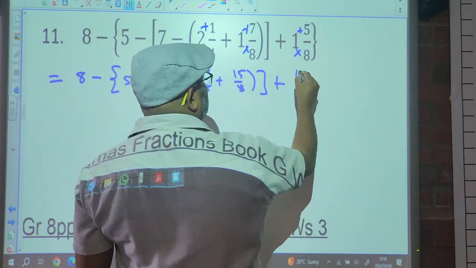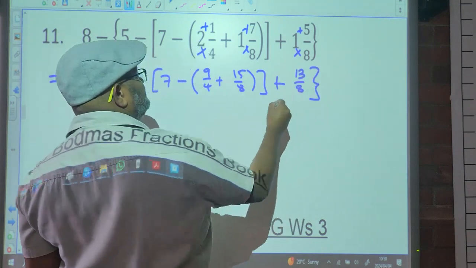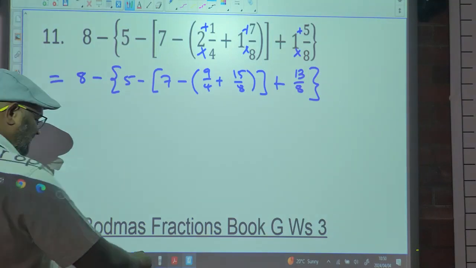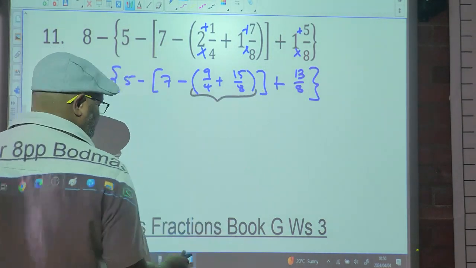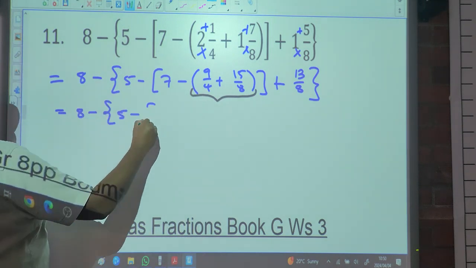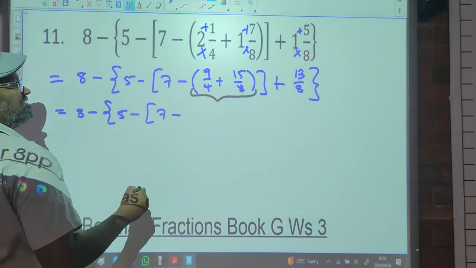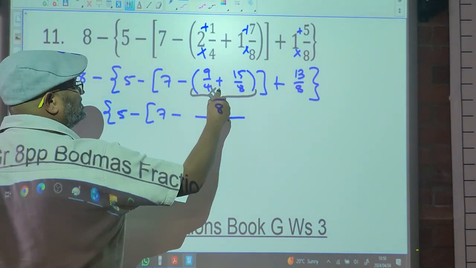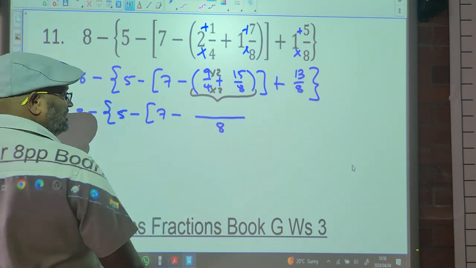Right, that's going to give you 13 over 8. As we said, the innermost bracket first. So it can be written as 8 minus, squiggle, 5 minus, block, 7 minus. What's your LCM here? 8. So let's multiply this by 2. It gives me 18.